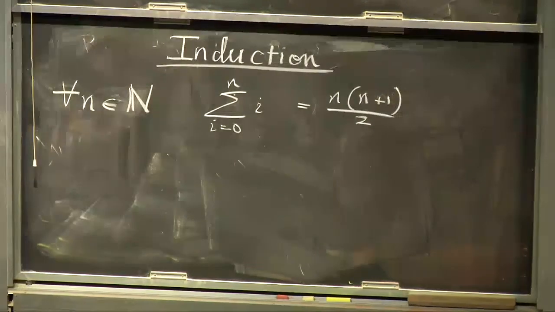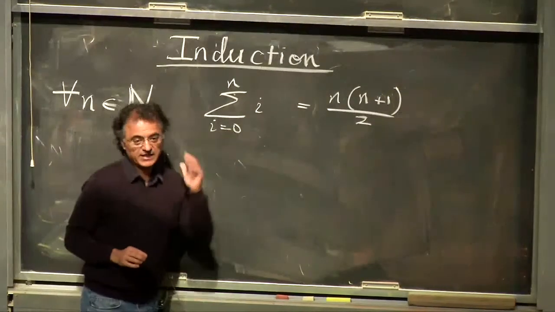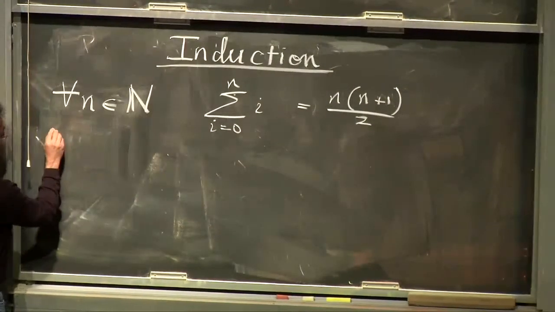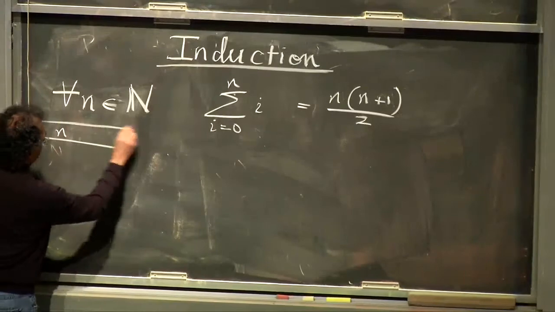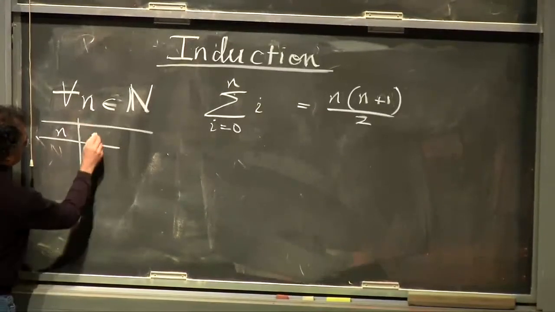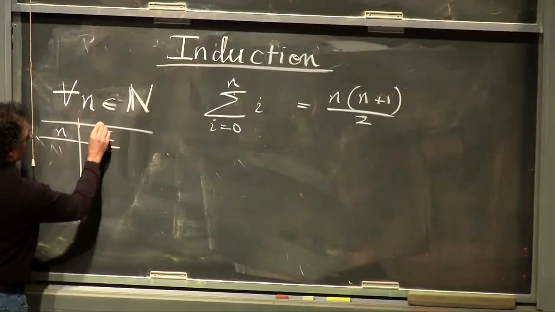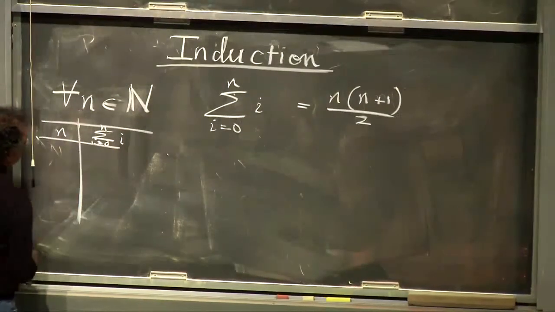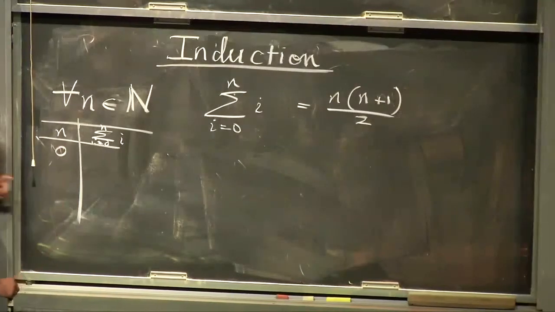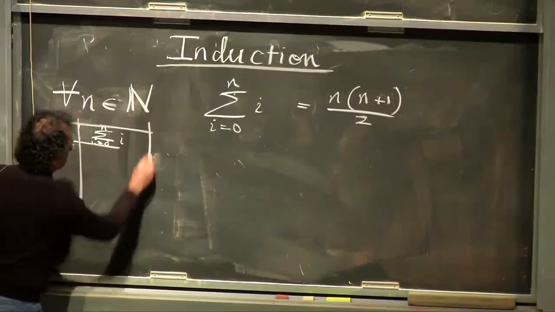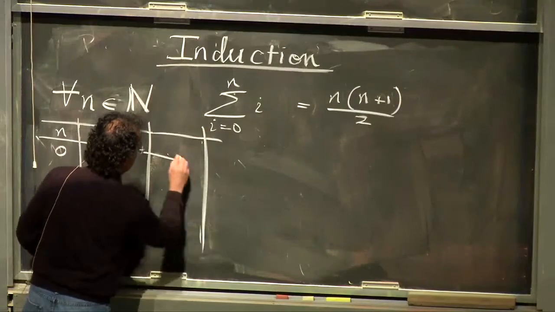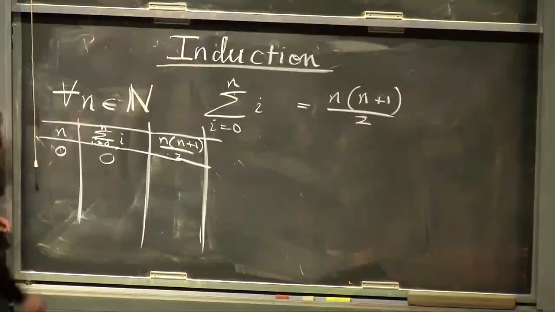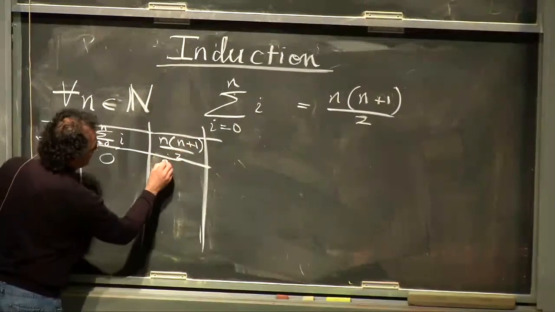Okay, so let's just see what this is saying. For n equal to 0, you're summing from 0 to 0, so you just get 0. 0 times 1 over 2.